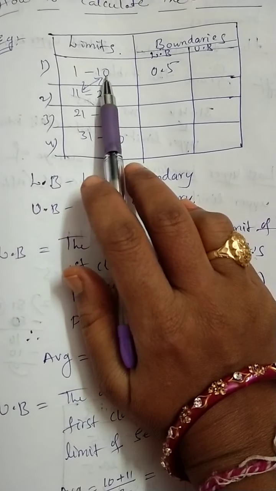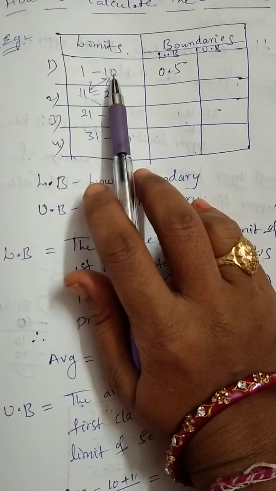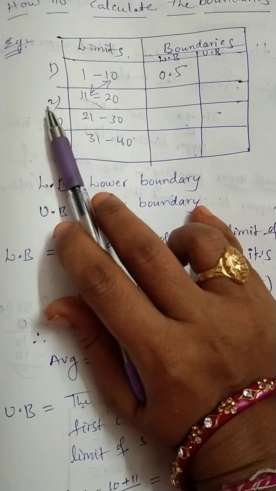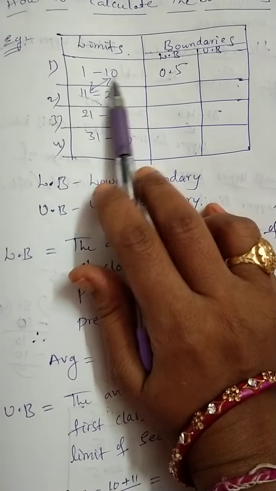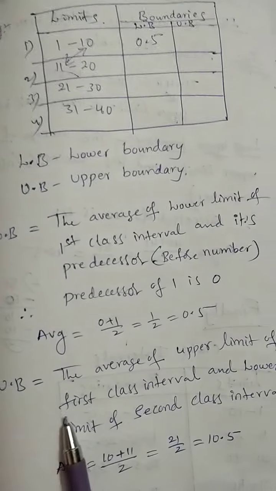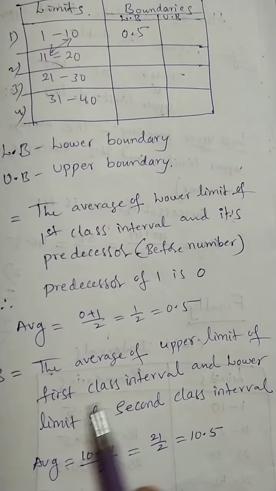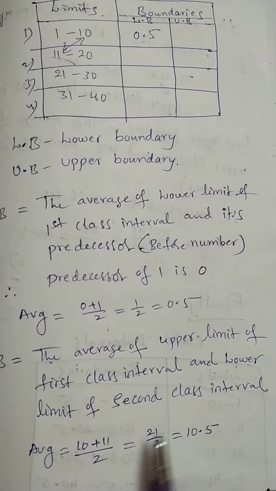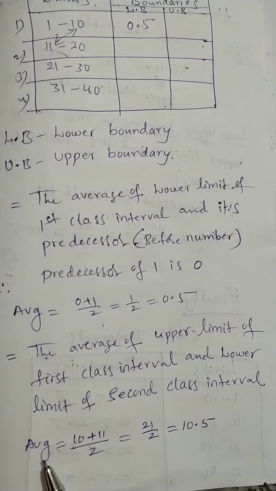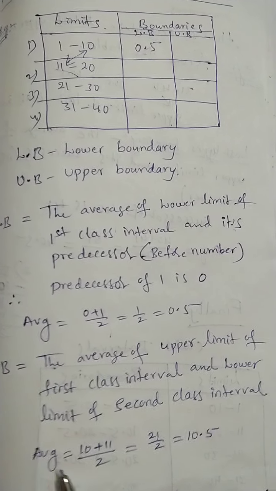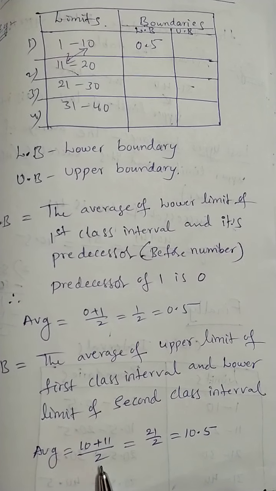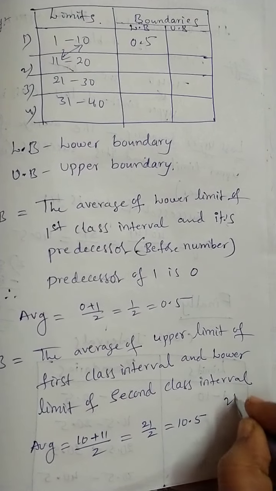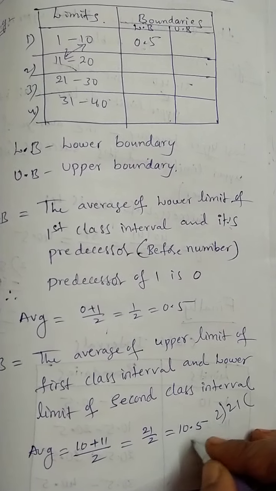Now the average of the upper limit of the first class interval and the lower limit of the second class interval, that is 10 plus 11. We should find the mean: 10 plus 11 by 2, so 21 by 2. If you divide 21 by 2 you get 10.5.